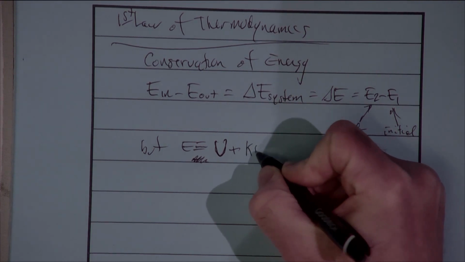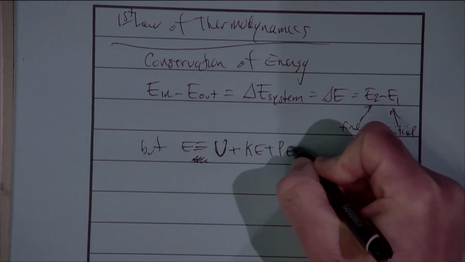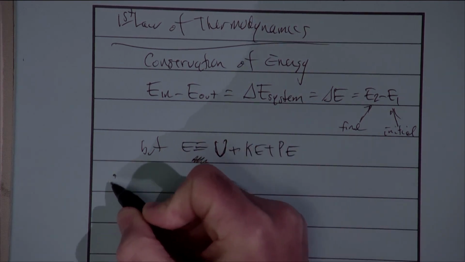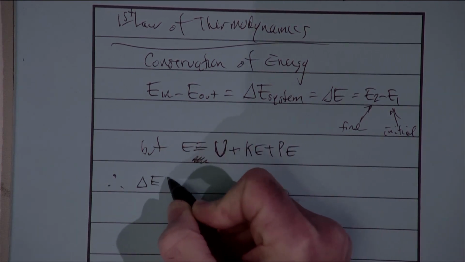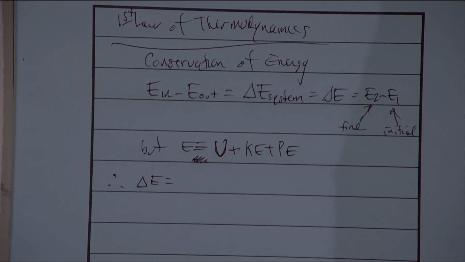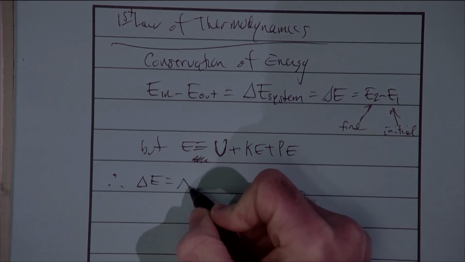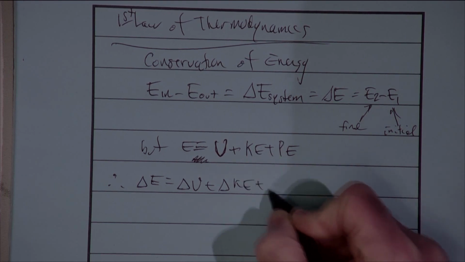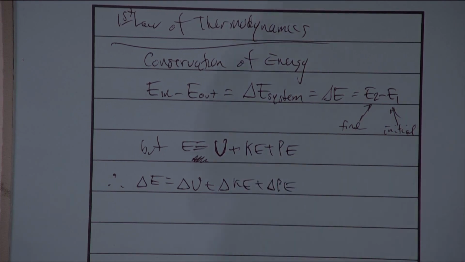So plus kinetic energy plus the potential energy. So what we can do then is write that the change in energy is going to equal the change in the internal energy plus the change in kinetic and potential energies.